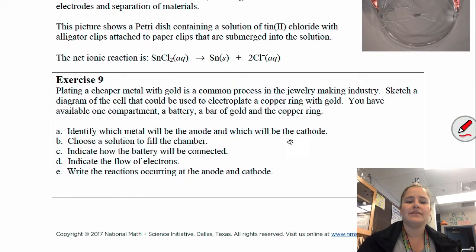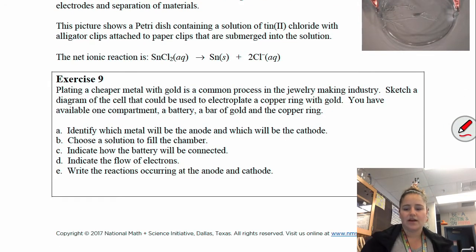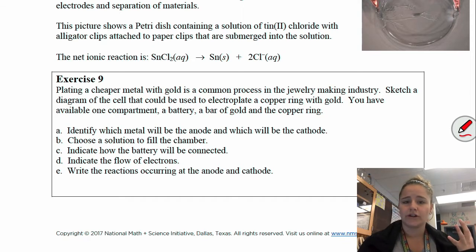So, let's do an example. One of the most common applications of this is to plate jewelry. If we want big gold earrings, we're not going to make them out of solid gold. One, solid gold is kind of soft, so it would be fragile and malleable. We wouldn't want that.